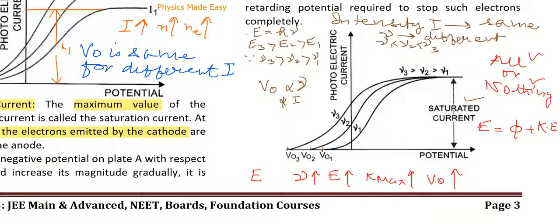Again, starting from here, if frequency is increased, energy of the photon increases, maximum kinetic energy increases as work function is constant for a metal. It means stopping potential V0 increases. Why? Because K max is equal to eV0. This is the logic behind this.